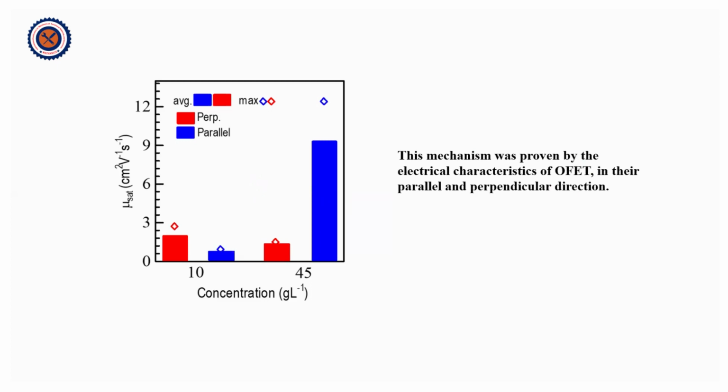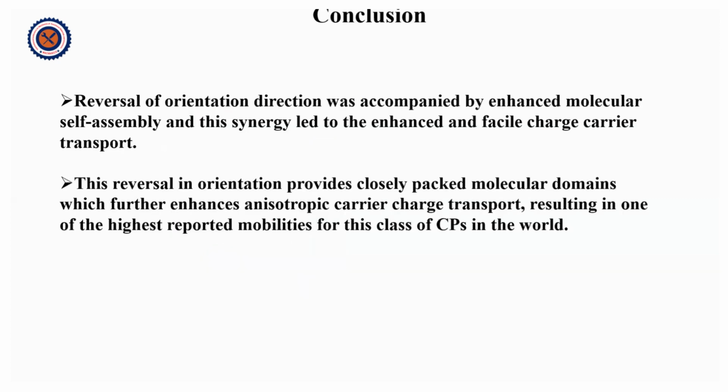Also, another important parameter that we can understand here is the anisotropic charge carrier transport. The anisotropy in charge carrier transport is much higher in 45 gram per liter as compared to the 10 gram per liter polymer solution. We have proven this mechanism by the electrical characteristics of organic field effect transistors in their parallel as well as perpendicular direction.